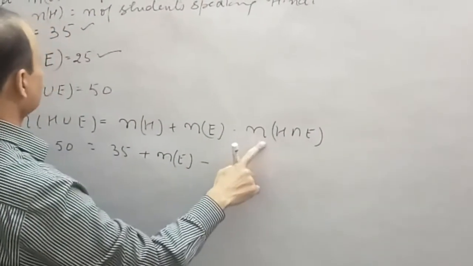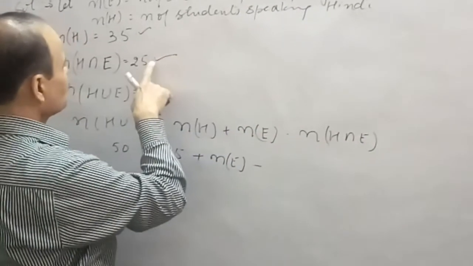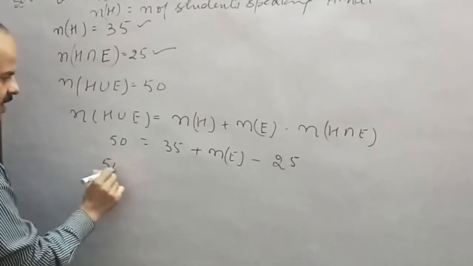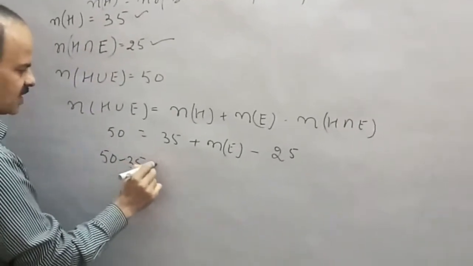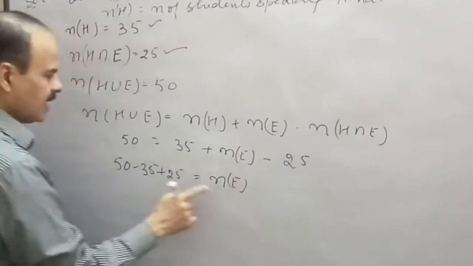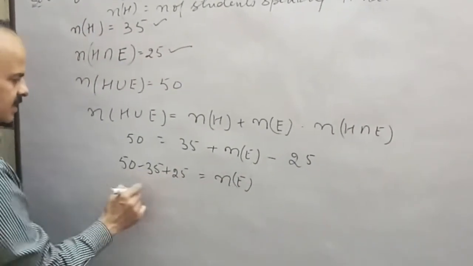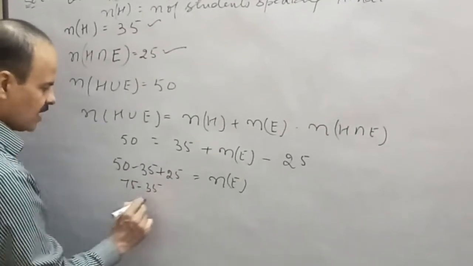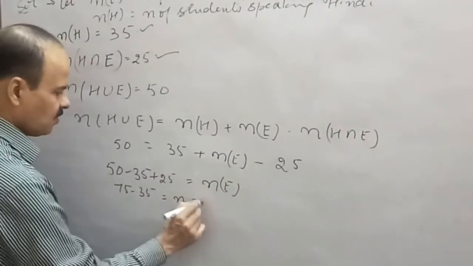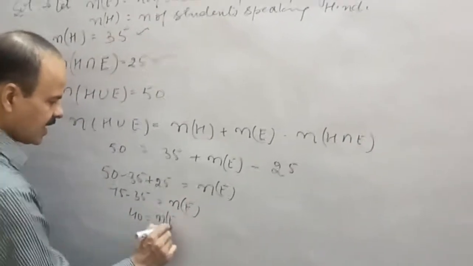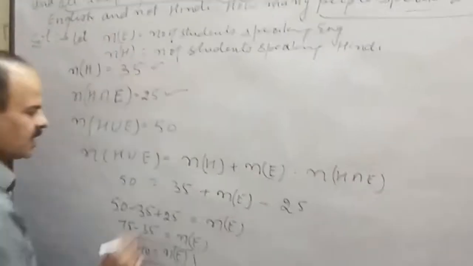Minus intersection is your 25. So just solve it. 50 minus 35 plus 25 is n(E). After solving this, you will get 75 minus 35, which will give you 40. So the number of students speaking English will be 40.